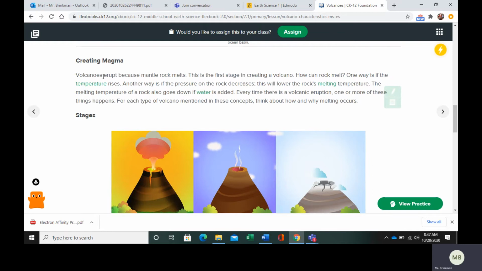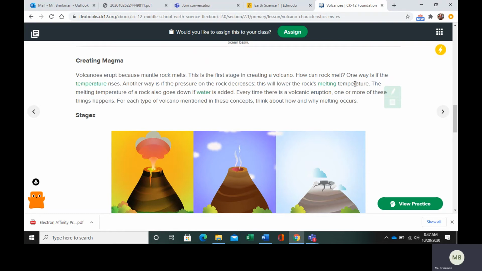So volcanoes erupt because mantle rock melts. This is the first stage in making a volcano. So how does the rock melt? The rock can melt because of a rise in temperature. It can also melt if the pressure on the rock decreases, because that is going to lower its melting point.